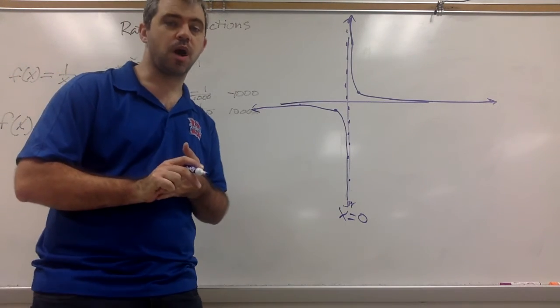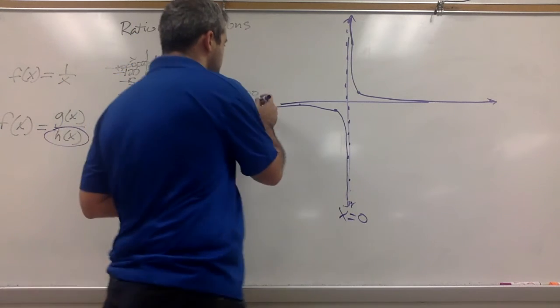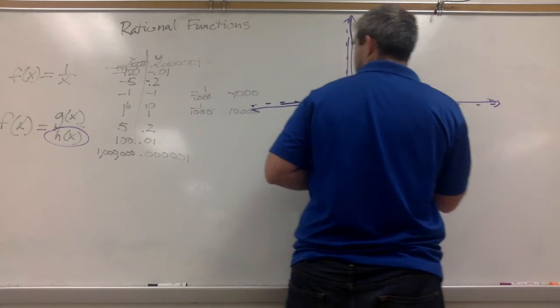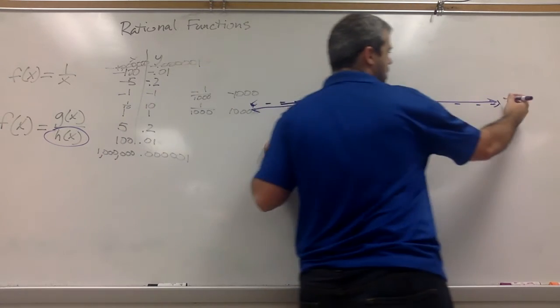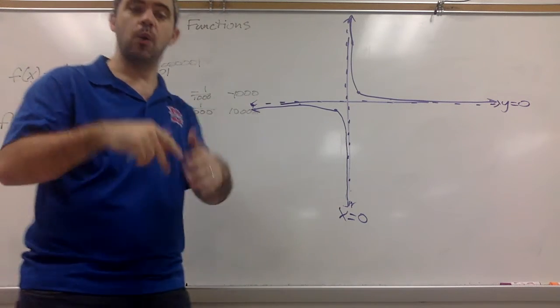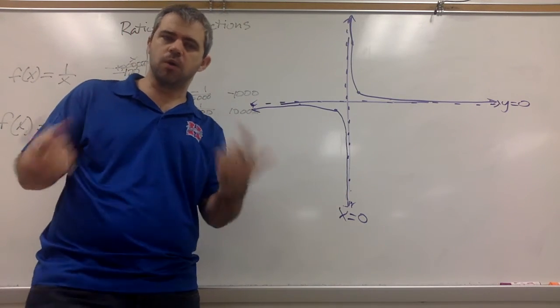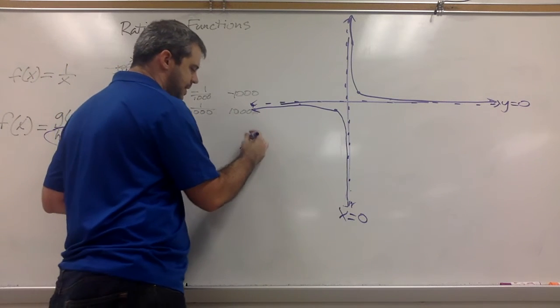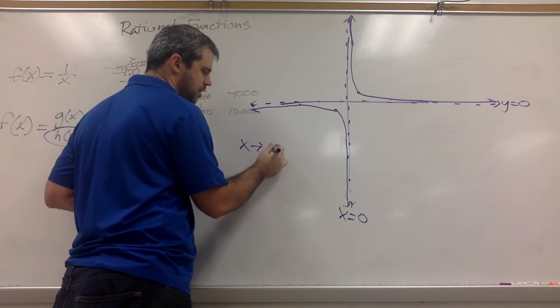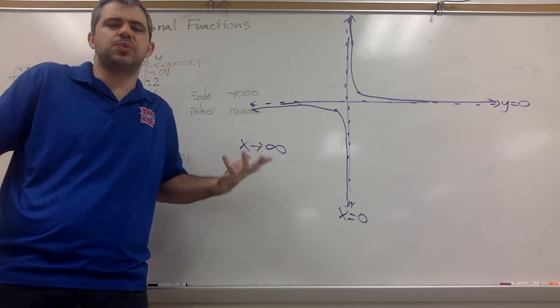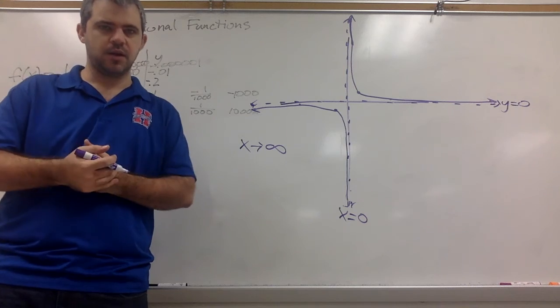Now we're looking for our horizontal asymptotes. You might see it right here: an asymptote where y equals 0. Why do we have that? The horizontal asymptote is something a little different. Basically, it's the limit as x goes to infinity. In other words, what happens when x gets really, really big?